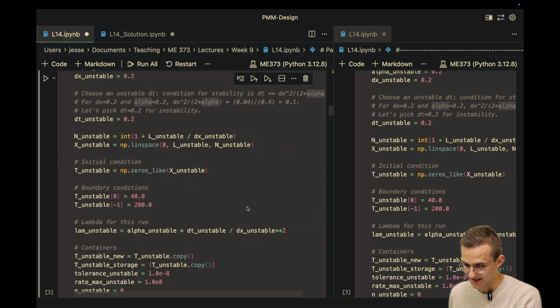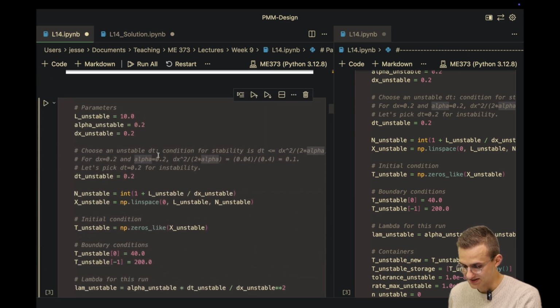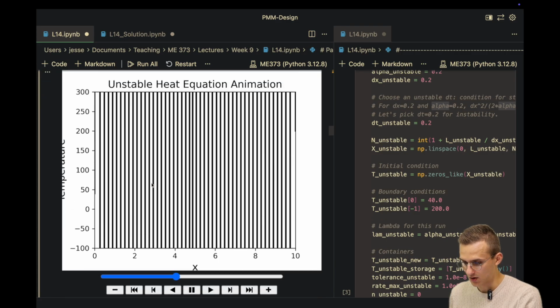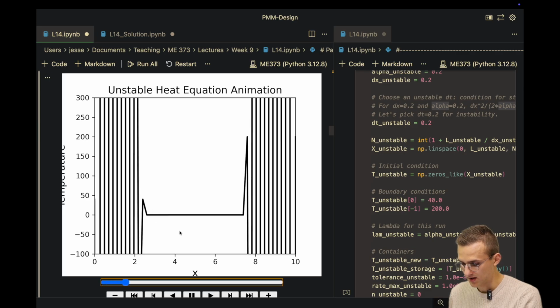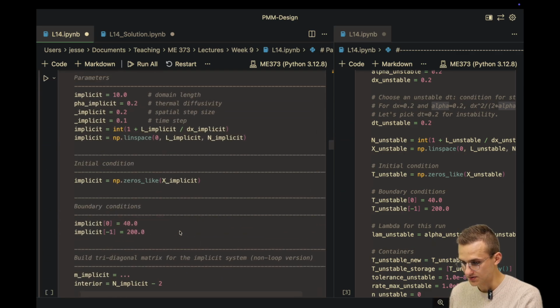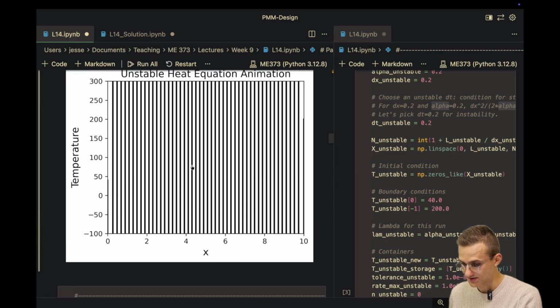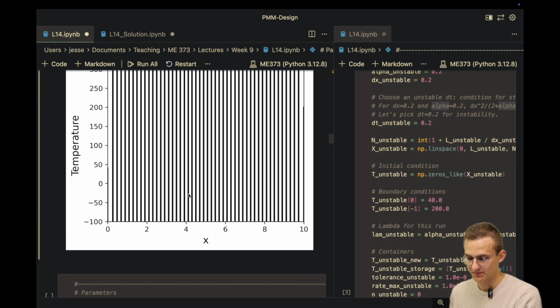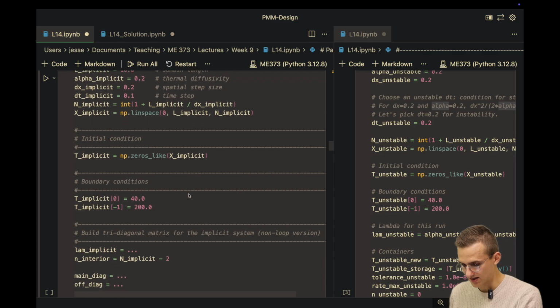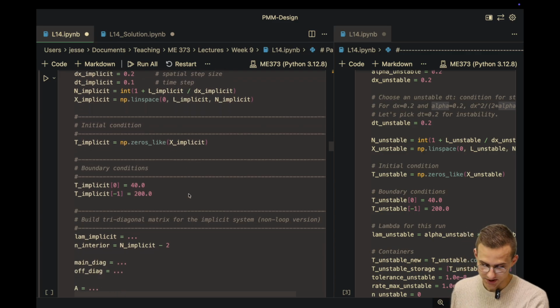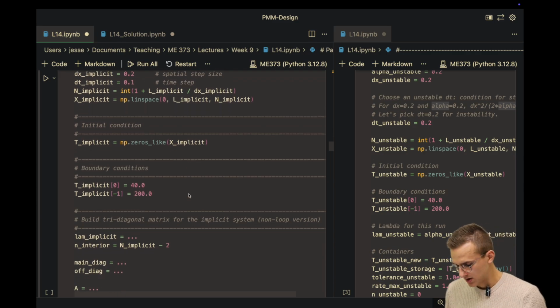But if we just set our dt to some value that was twice as large, 0.2, then we would get this total nonsense, right, with the instability propagating into the domain. So what we're going to do now is implement a backward time-centered space to show how even with a much larger time step, we can get a stable solution. Okay? So let's go ahead and go through here building these matrices.